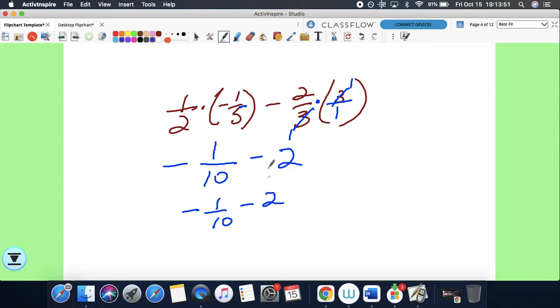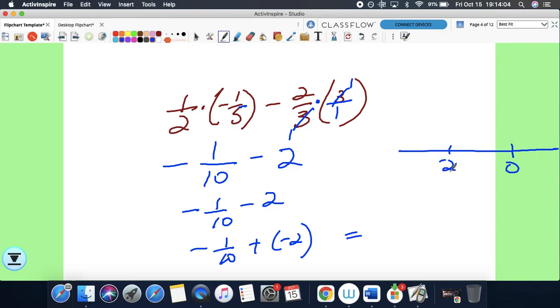I just wrote that whole thing again. So if you want to change it to an addition, it becomes this: negative 1/10 plus negative 2. So imagine, think about what this is. Let me just make this a little easier. Here's 0. Here you are at negative 2. Doesn't matter which one you start with, right? We're going to add negative 1/10.